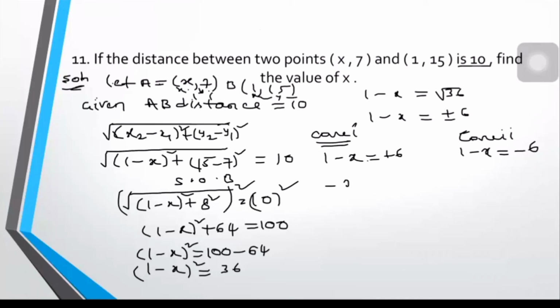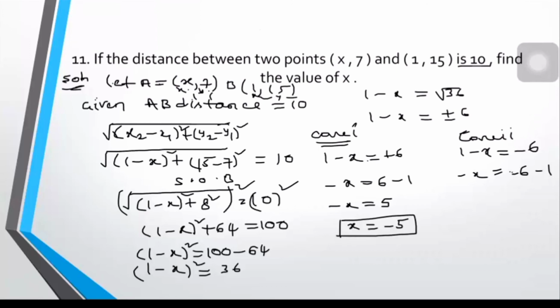Now minus x is equal to 6 minus 1, that is 5, so x is equal to minus 5. Next, in case 2, minus x is equal to minus 6 minus 1. Minus x is equal to minus 7. So minus minus cancel, x is equal to 7.